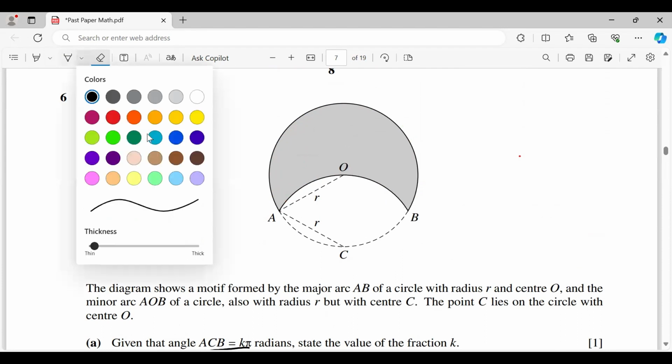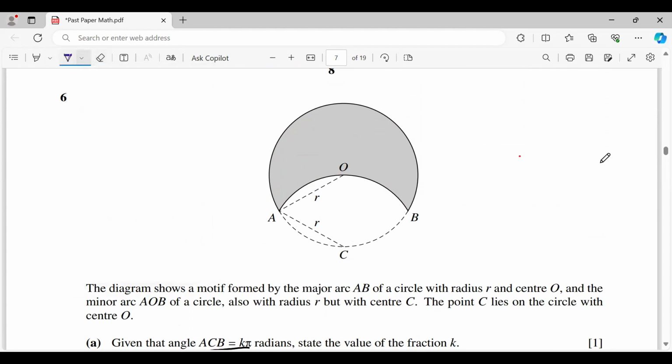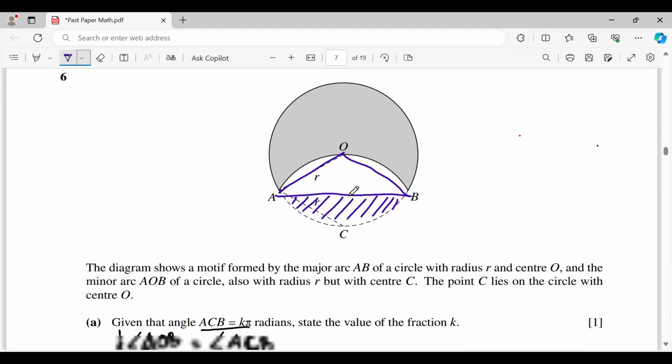So I have the grid like this. I'm going to find this area first, right? And after that, times 2. If this area times 2, it means we get the area of this non-shaded area.